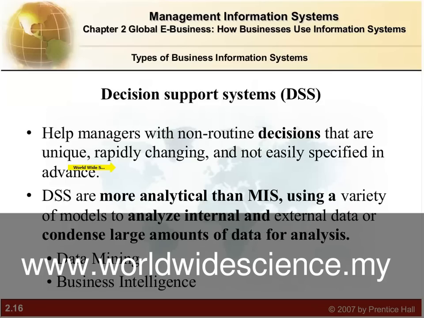DSS try to use both internal and external information and use some analytical tools, some kind of business intelligence tools involved here in order to answer some more complex questions.